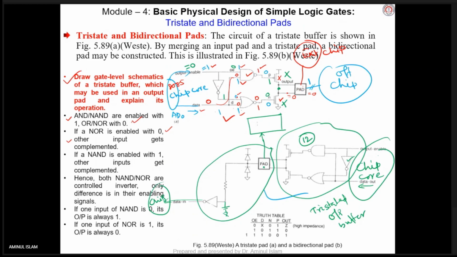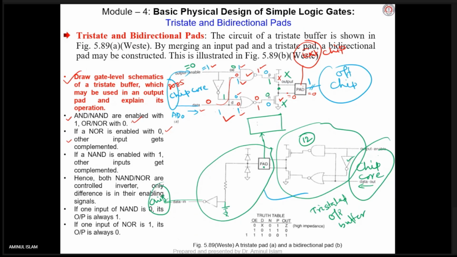One input is 0 and the other input is high. High means the output is complemented, 1. This 1 is coming here. So this NMOSFET is on. NMOSFET is on means this point is pulled down to 0. Pulled down to 0. So at the pad, what do you get?